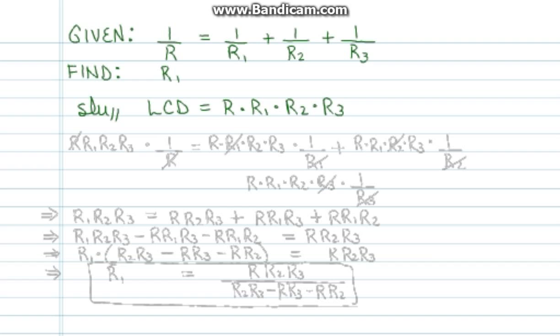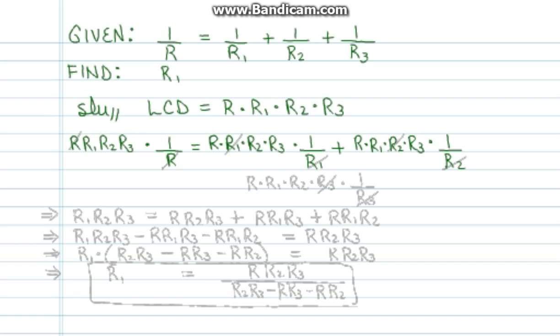Okay, so we're going to multiply everything on the left and each of the terms on the right by the LCD. So we have R times R sub 1 times R sub 2 times R sub 3 times the left side, 1 over R, equals R times R sub 1 times R sub 2 times R sub 3 times the first term, 1 over R sub 1, plus R times R sub 1 times R sub 2 times R sub 3 times the second term, 1 over R sub 2.